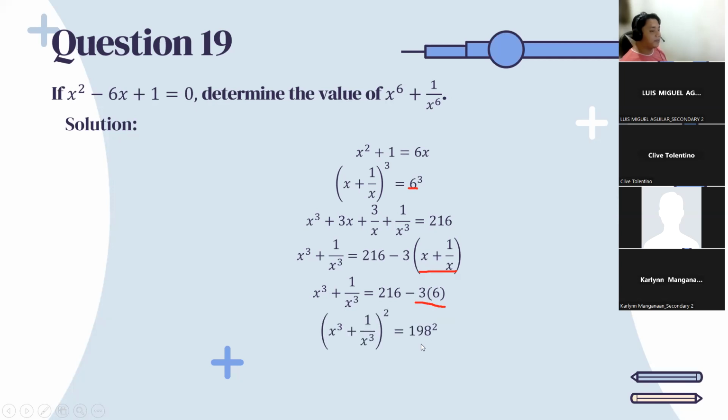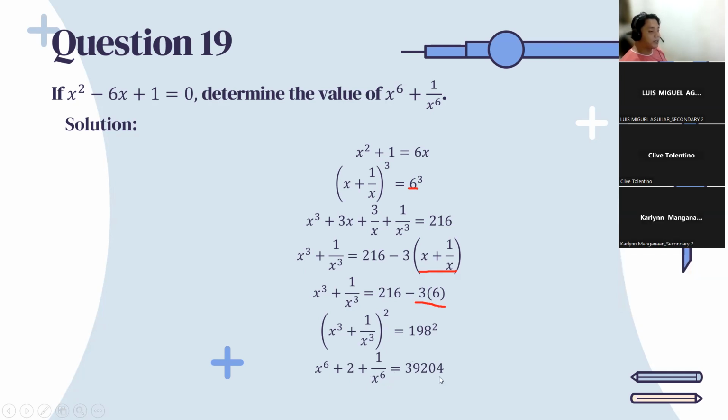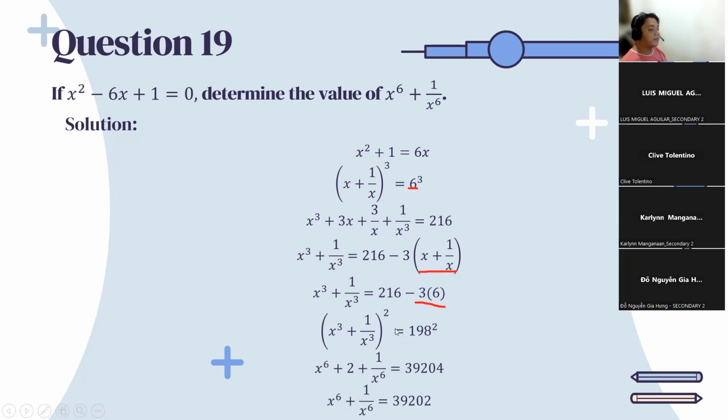When simplifying, you'll get 198. Now, we square both sides, giving us x raised to 6 plus 2 plus 1 over x raised to 6 is equal to 39,204. Now, we just subtract both sides by 2, and you'll have 39,202. So the answer for number 19 is 39,202.